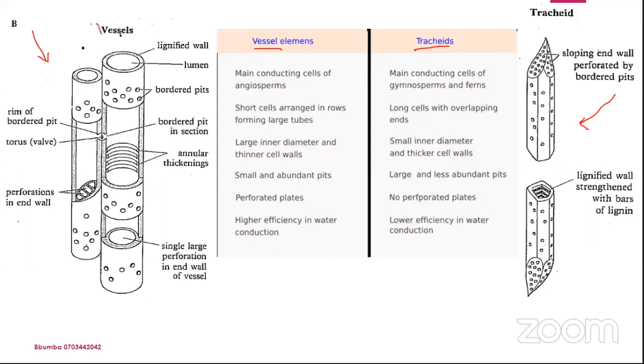So you can see these are open-ended. But for the vessel elements, take note of this. Some are open-ended, like there is no barrier, but some could have perforations in the end walls, like you can see here. So you must take note of that. The vessels are the main conducting cells of angiosperms, and the tracheids are the main conducting cells of gymnosperms and ferns.